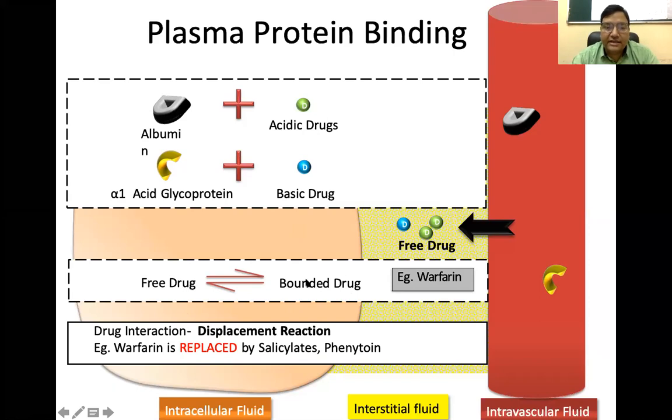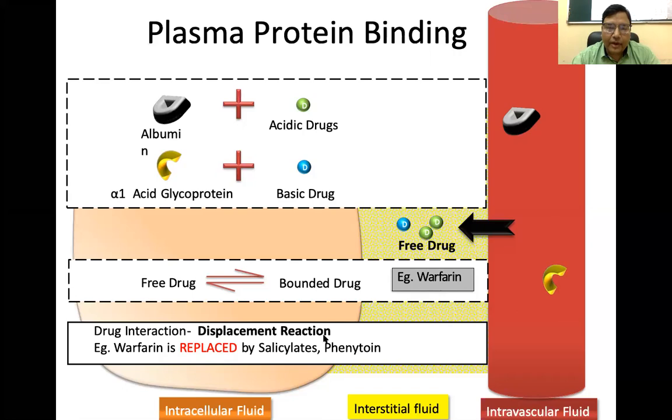So there is an equilibrium between these. Because of this, the drug effect lasts for a longer duration. An important example is warfarin, a longer acting drug because of its high plasma protein binding.